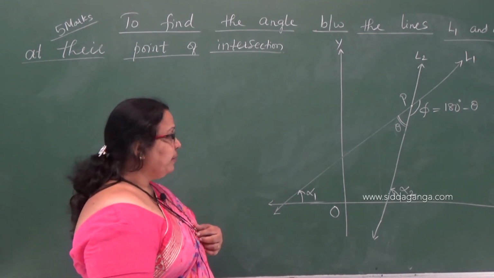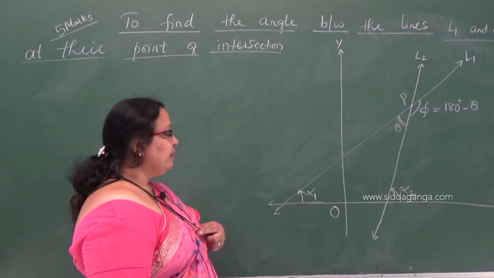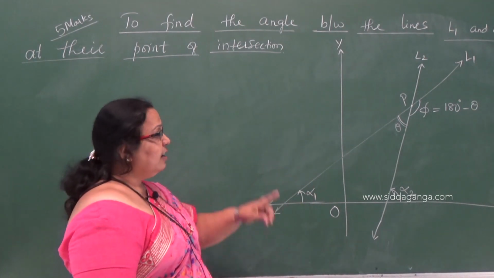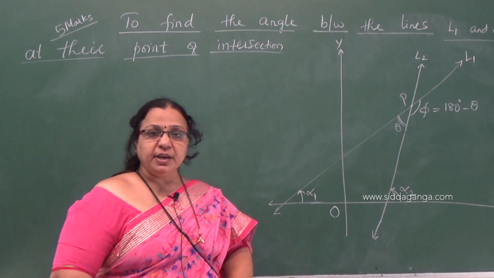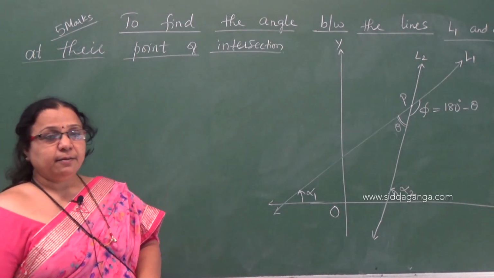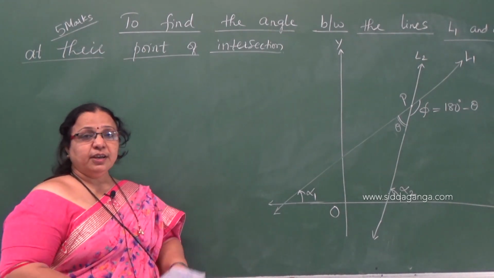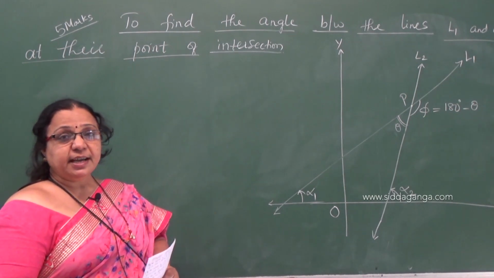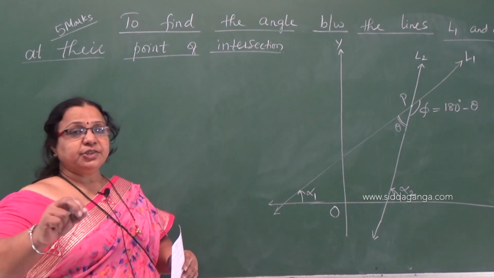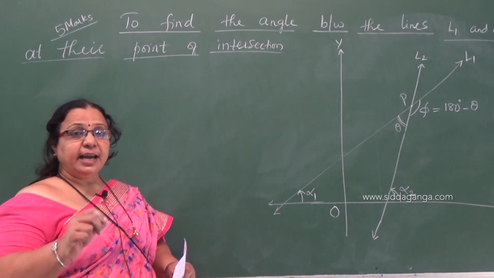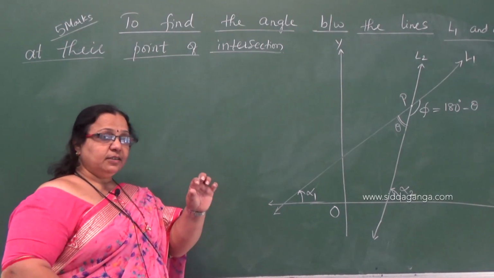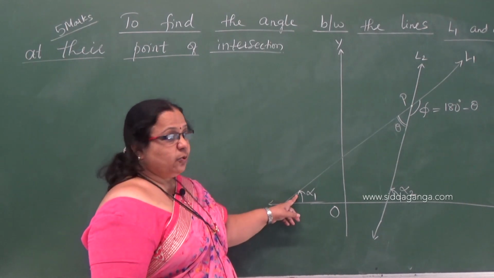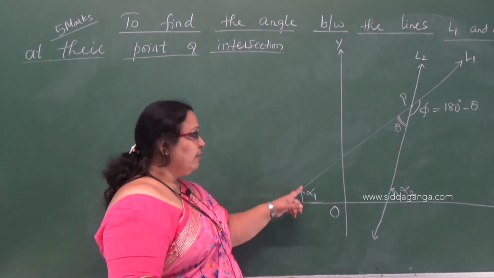Here we have taken the angles, so we can now write the slopes of those two lines. The first formula: if the line makes an angle theta with the positive x-axis, then its slope is m equal to tan theta. So using that formula, the slope of the line L1 is tan alpha 1.